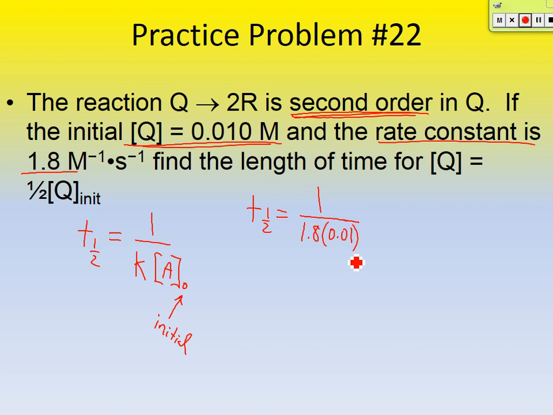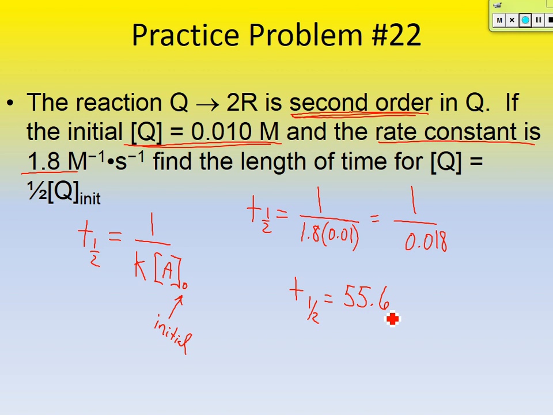I would take 1.8 and times it by 100th first. One over 0.018. Now let's do 1 divided by 0.018. And I'm getting that the half-life is equal to 55.6. But now it's very important that you get the units right.